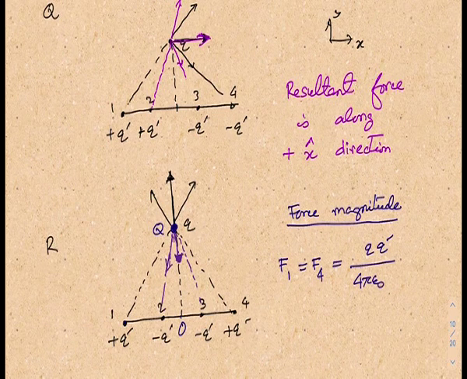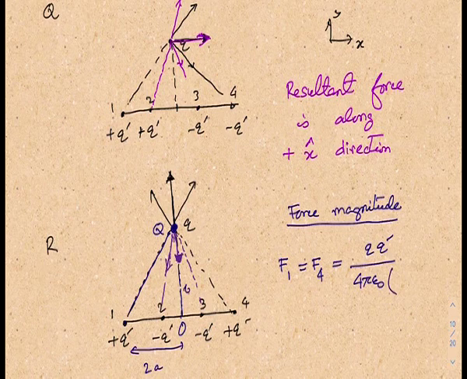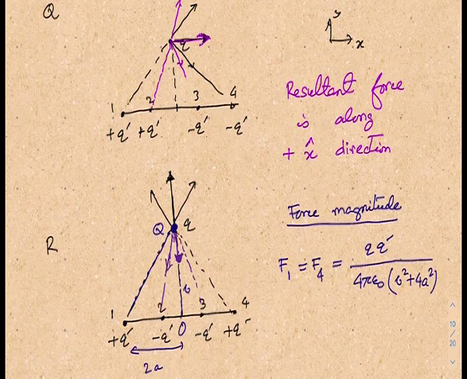This distance due to 1 is twice A, and this distance is B. So by applying Pythagoras, I have B square plus 4A square.